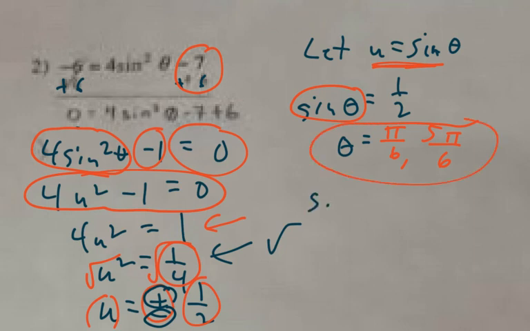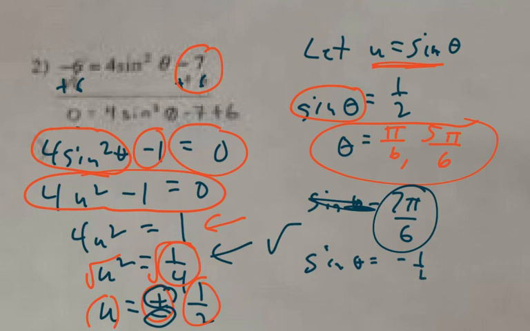Now, where is sine theta, because remember, u is also negative 1/2, right? So that would mean, if I'm in quadrant 3, that would be 7 pi over 6, right? I'm doing sine theta equal to negative 1/2. We'd look at our unit circle, so 7 pi over 6, and in quadrant 4, it would be 11 pi over 6.